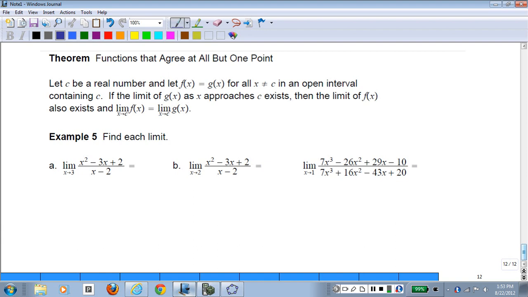Functions that agree at all but one point. We have two functions, f and g, and there's an open interval containing c. I think this picture should work out better than some of the pictures I've drawn today.